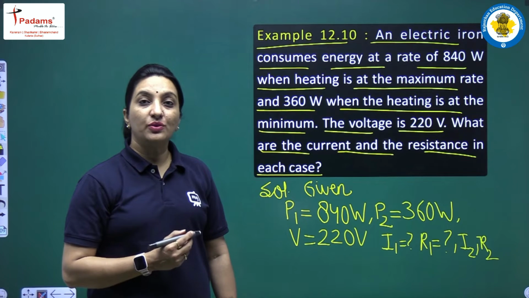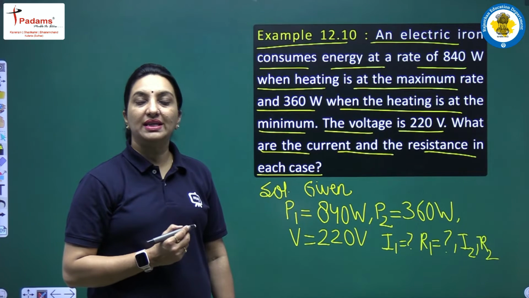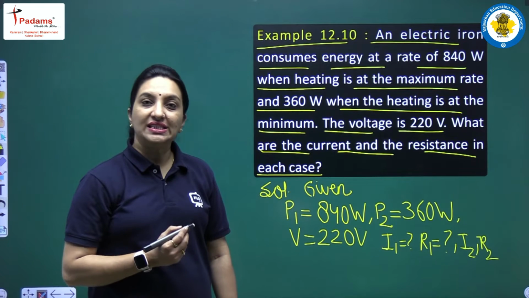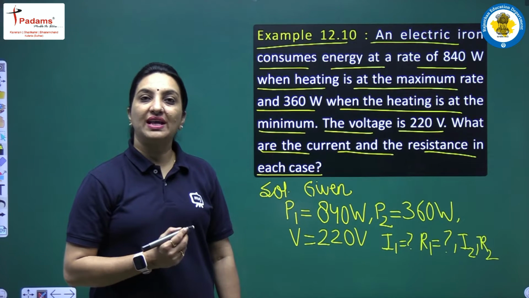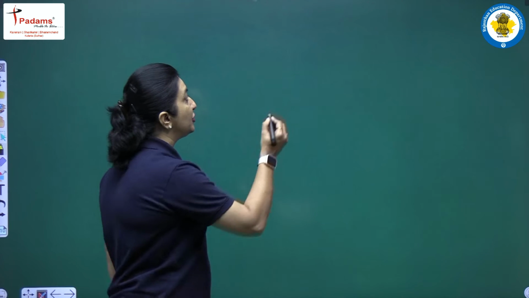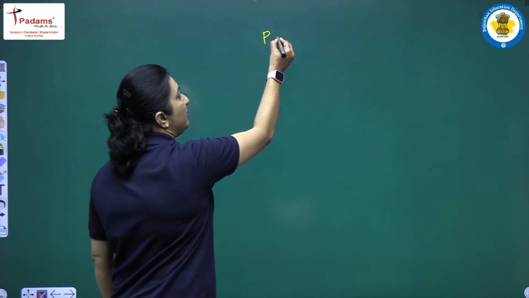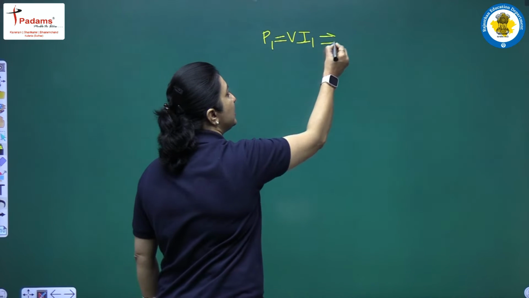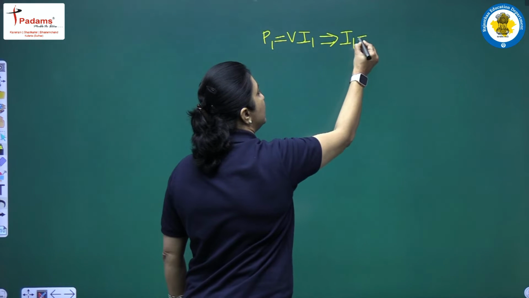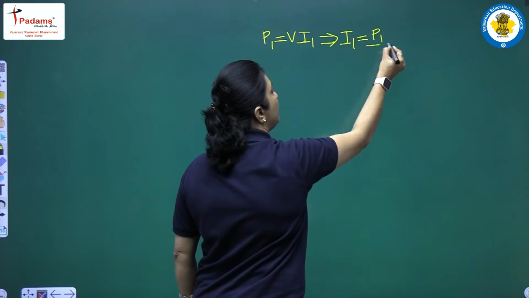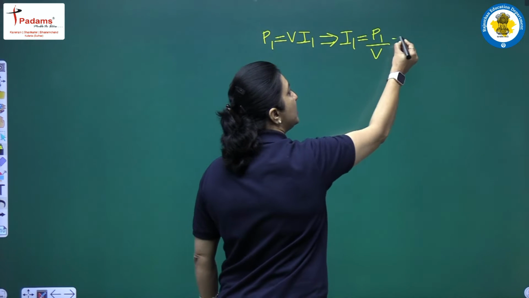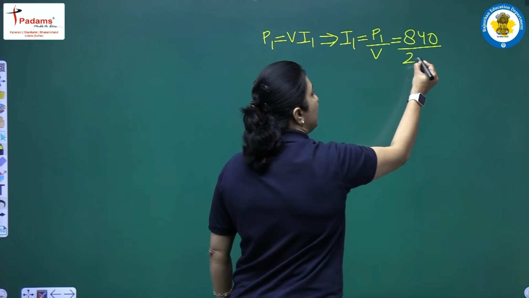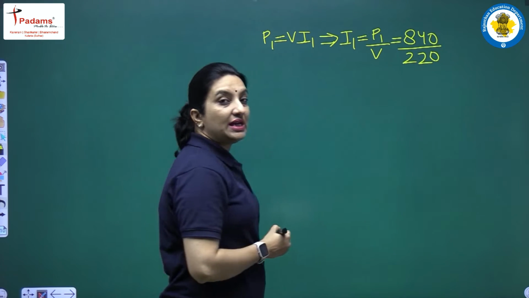So to begin with, we need to use the formula P is equal to VI. The power is given by VI. Then substituting the values for P and V, we will calculate the value for I. So P1 will be equal to VI1, which will give us the value for the current in the first case, which is equal to P1 upon V. Now here students, P1 is given as 840 and V is given as 220.